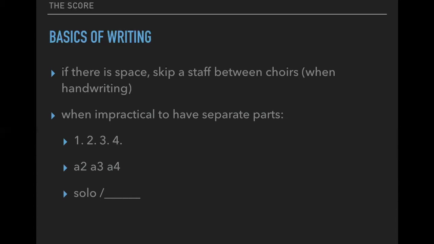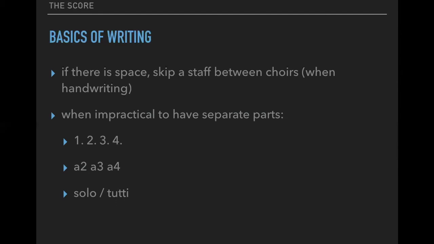But then you want everyone else to come back in. What do you say? Tutti. The opposite of solo, tutti. Tutti, of course, meaning all. This is a common thing to see. This happens quite frequently in the string choir, that you would have a soloist and then go back to tutti.